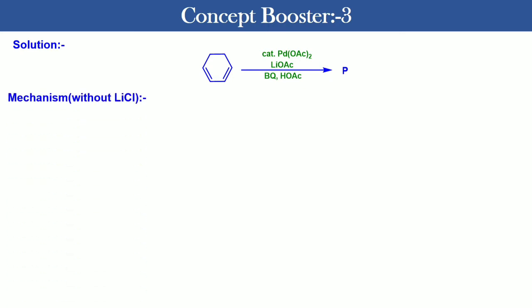Now let me explain the first reaction scheme where cyclohexadiene is giving P as major product. So far as the mechanism is concerned, in the first step palladium acetate, acting as a Lewis acid, coordinates to the double bonds of cyclohexadiene, enhancing its reactivity towards nucleophilic attack.